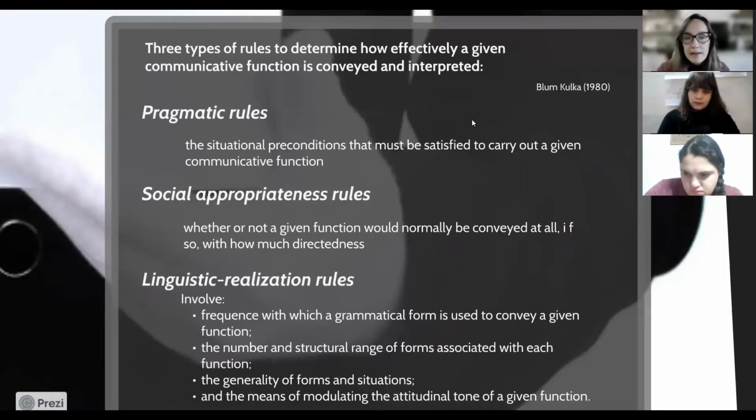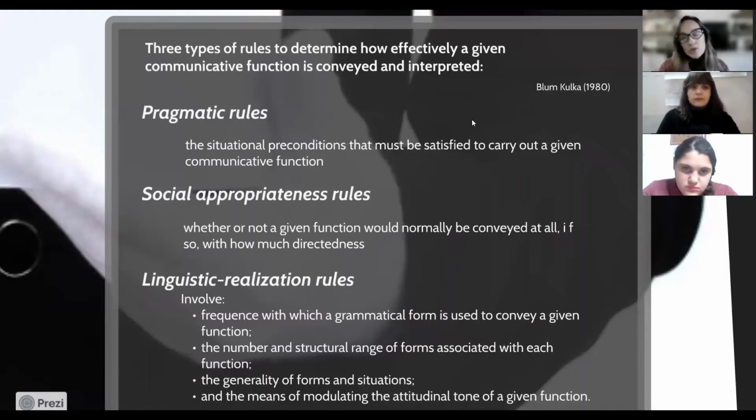That is one thing. Then another thing is the number and structural range of forms associated with each function. We need to let our students know that that might not be the only way to express likes and dislikes, for example, right? To express, I don't know, buying things, okay?